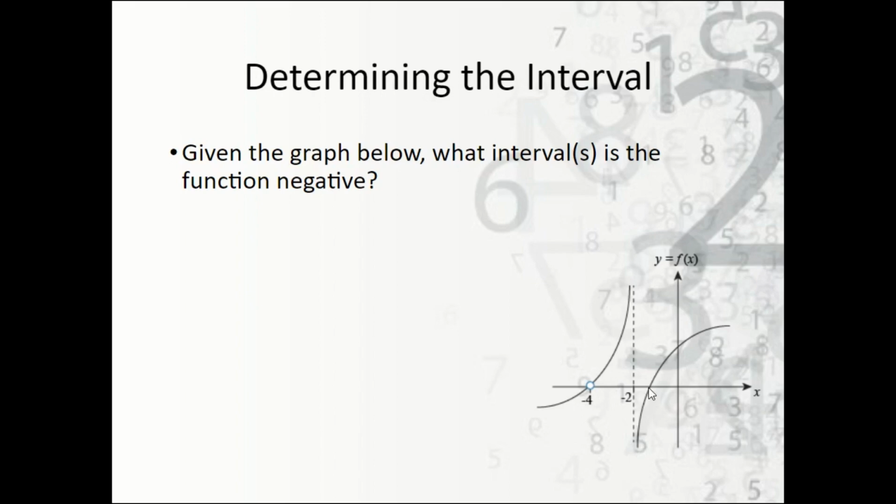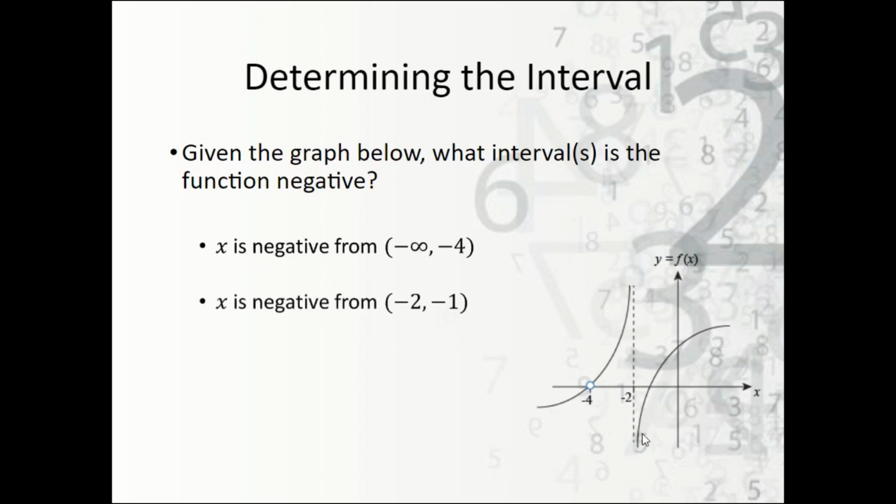We'll call it negative 1. It may not be exactly negative 1, but it's close. So it's negative from negative infinity to negative 4, and then from negative 2 to negative 1. And then it becomes positive from negative 4 to negative 2, and from negative 1 to positive infinity. So that's how we can use graphs to determine the intervals on which a function is positive or negative.